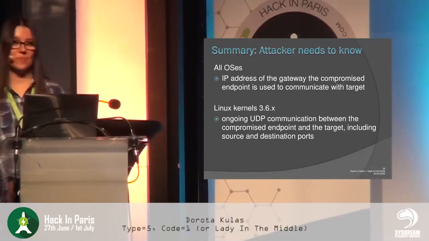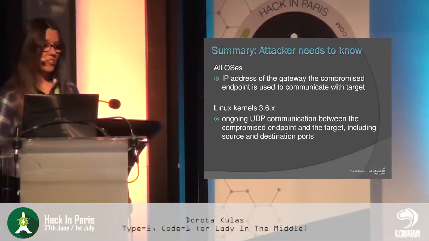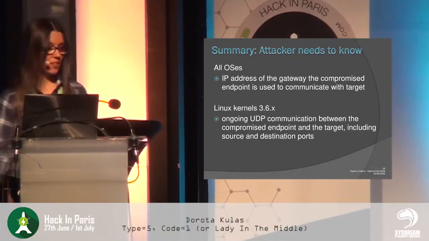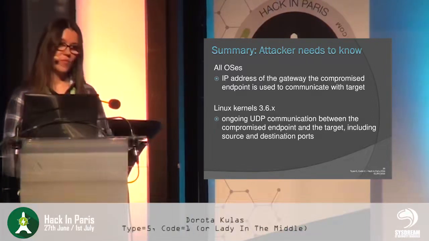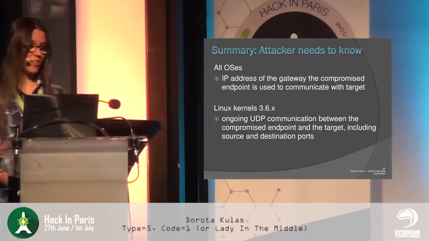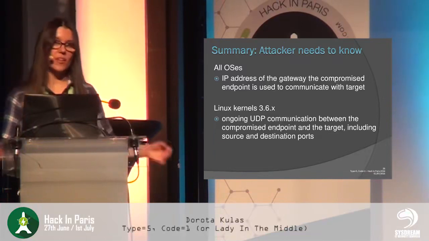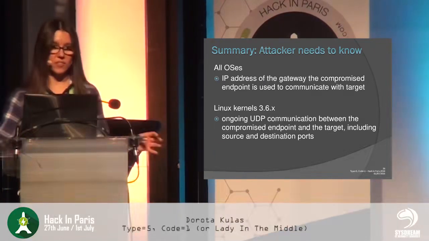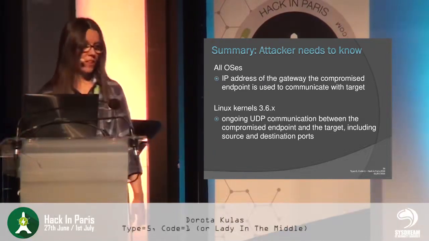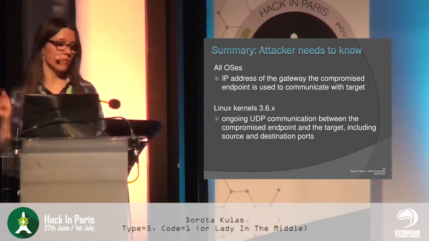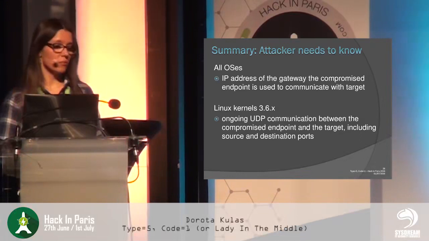So the summary. The attacker actually just needs to know the IP address of the gateway that the not yet compromised host he wants to compromise is using to communicate with the target. So the gateway from the user to the server. And for Linux kernel 3.6, it would have to know also the ongoing UDP communication.